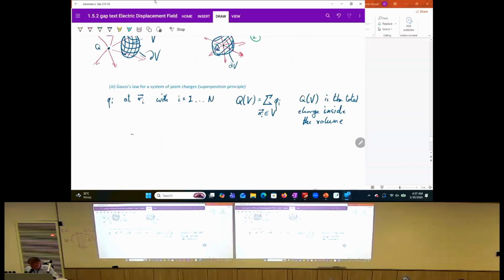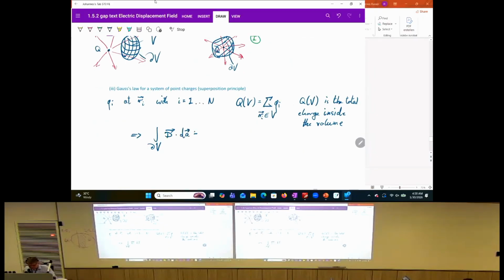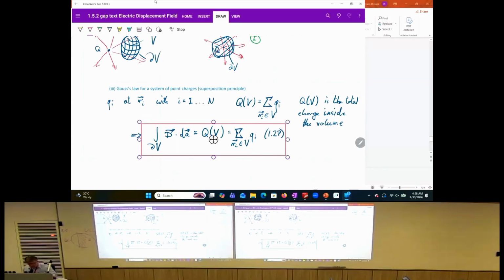Then we obtain, so we have computed this earlier for a single charge centered at the origin, but if you have multiple charges, and they can be arbitrarily distributed, but if they are all within the volume, then the integration over this displacement field will accordingly give you also the sum of all these charges. And I will show you then some examples, but I think maybe now is a good time to stop.